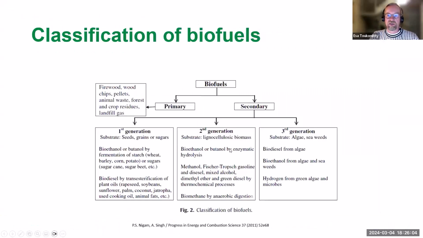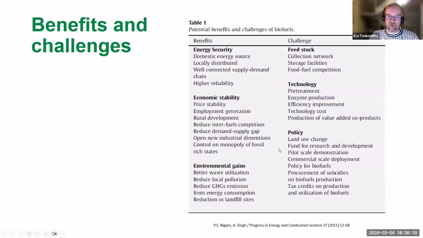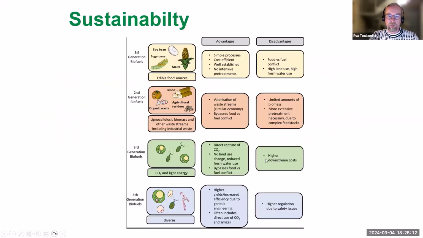Here it was algae and seaweed, more or less, as the starting materials. But the second generation is more or less the same here: organic waste, agricultural residue, wood, so lignocellulosic biomass converted to products.